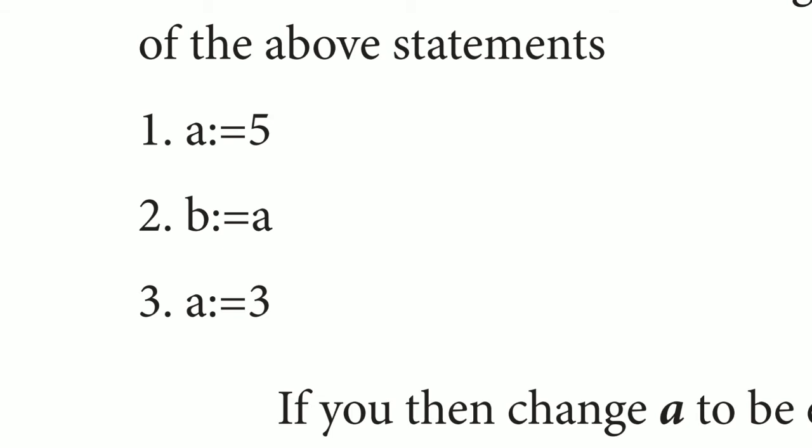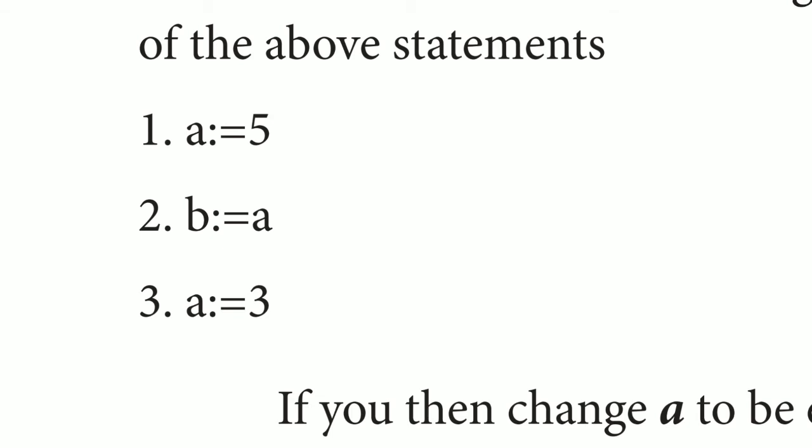But in the next step, a is equal to 3. The value is changed to 3 here, but they didn't change the value of b. So since they didn't change the value of variable b in the next step, the variable b will have the same value, 5.